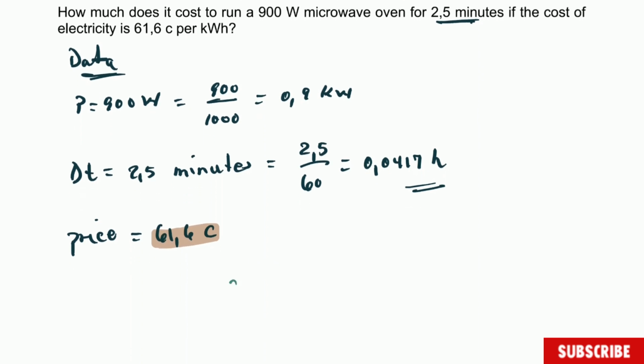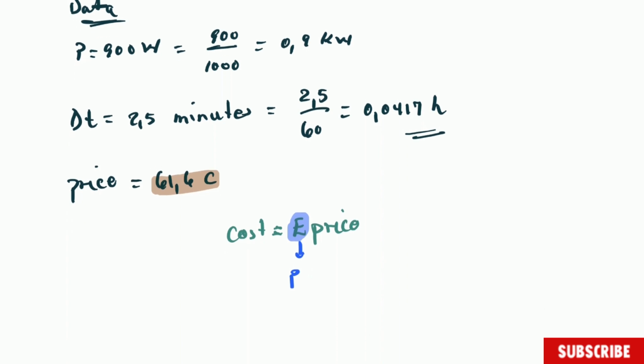Okay, so guys, now we have to write the formula. It's quite simple. The cost is equal to the product of energy, you can write E, or you can write W, it doesn't matter, multiplied by price. You don't have the energy. What they are giving you is the power, and remember, energy is going to be the product of power multiplied by time.